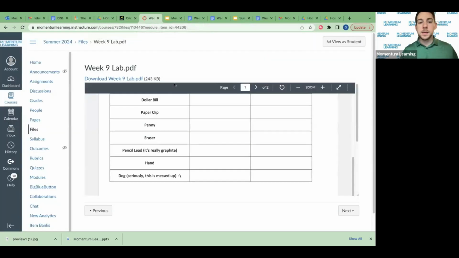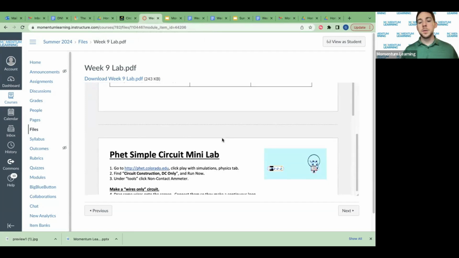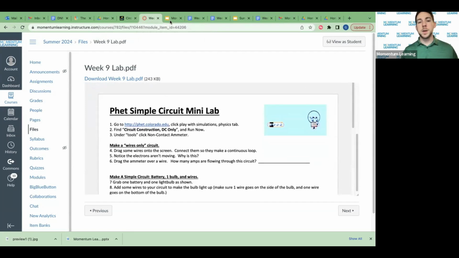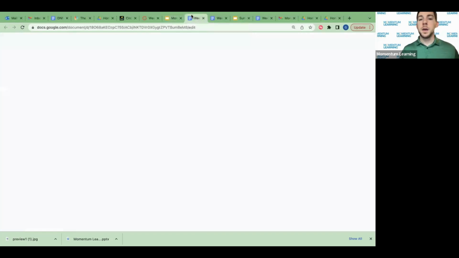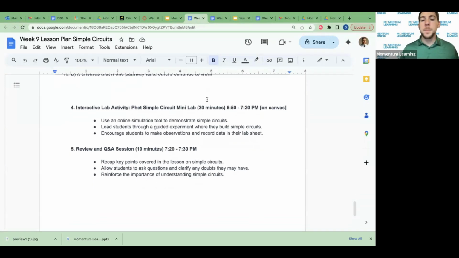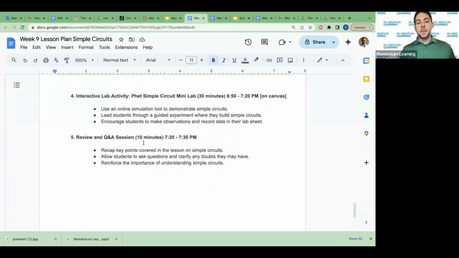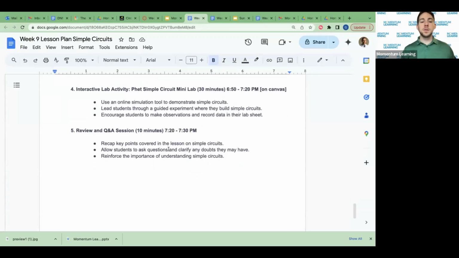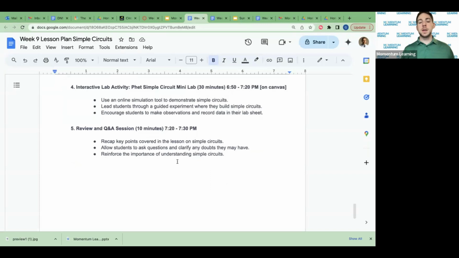Right, so that is what a typical lab would look like. Obviously that was the abbreviated version in real time. It would be 30 minutes, but we don't have that much time. So then after the lab, there would be an opportunity for students to ask any remaining questions they have.